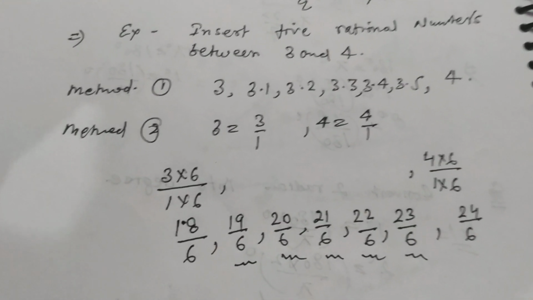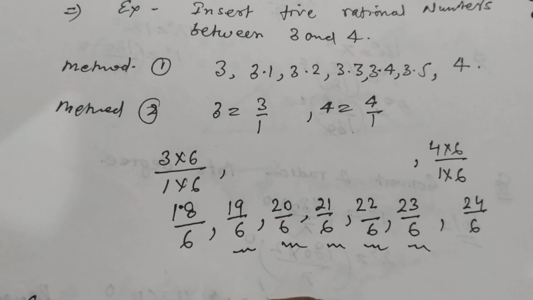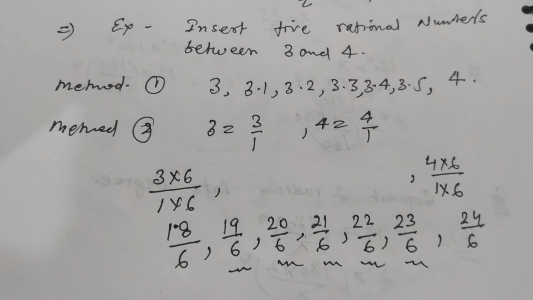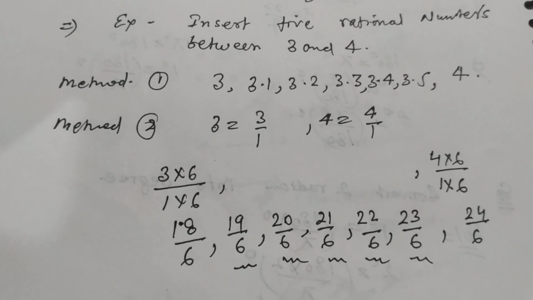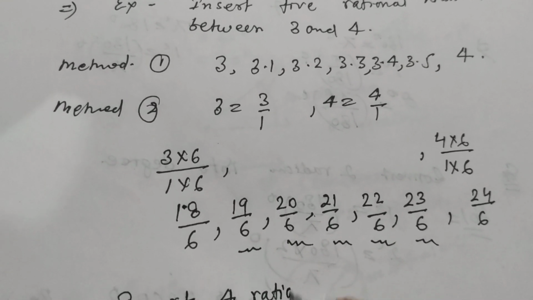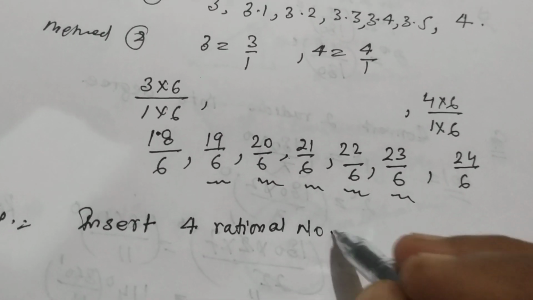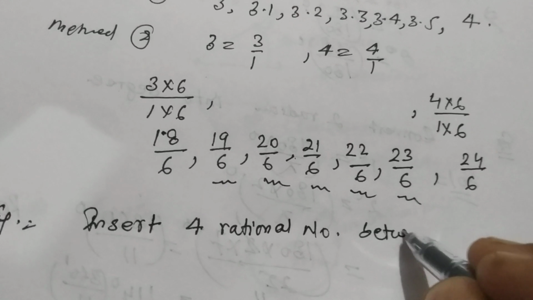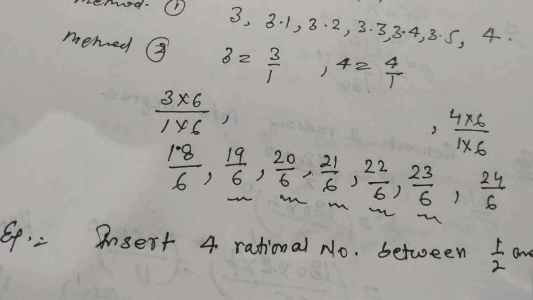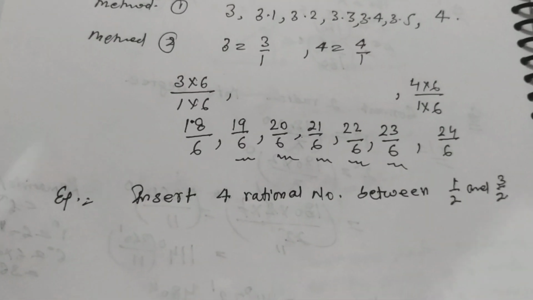Next example: if we have to insert rational numbers between two fractions where the denominator is the same, like insert 4 rational numbers between 1 upon 2 and 3 upon 2.